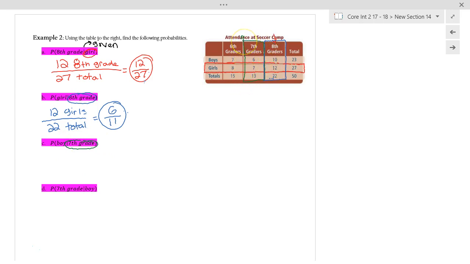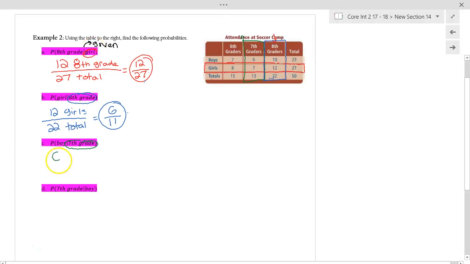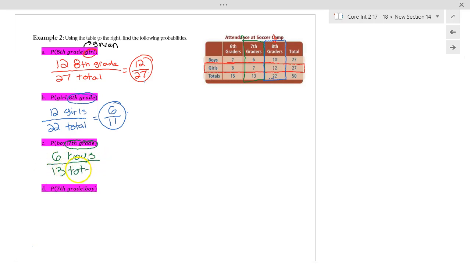So for this problem, I'm only looking inside that green box. The probability of a boy is there's 6 boys over 13 total, which is just 6 over 13.